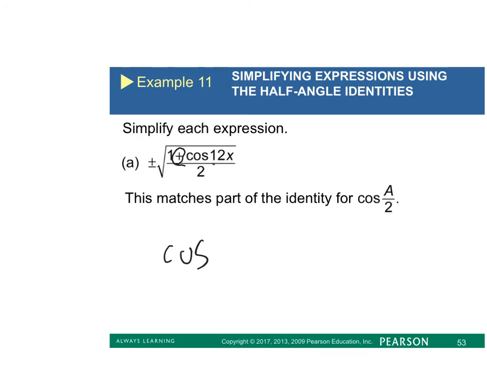See, this is supposed to be the full angle. Half of that would have been how much? 6? I believe that's what that would be. Move to the next one.